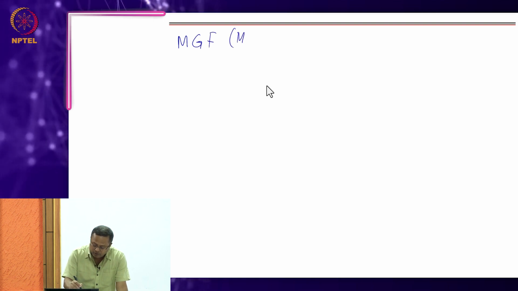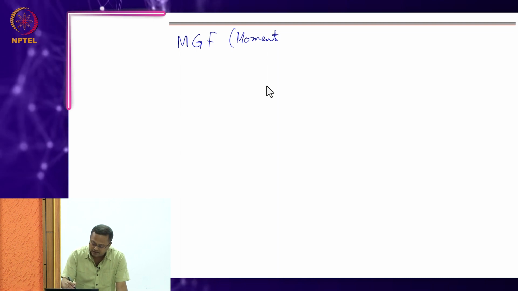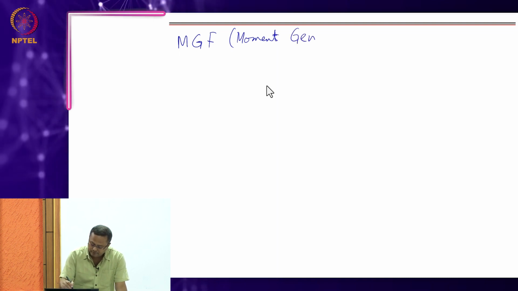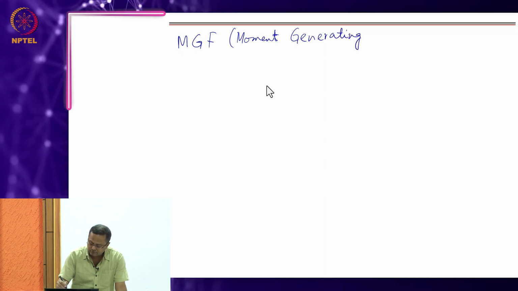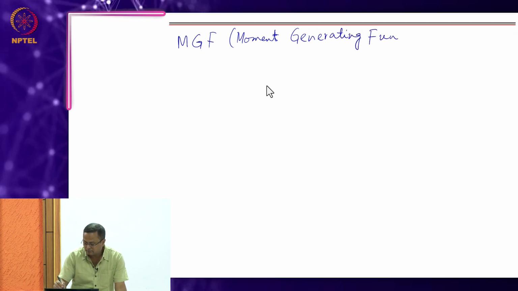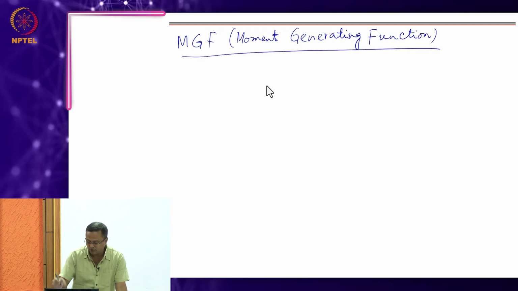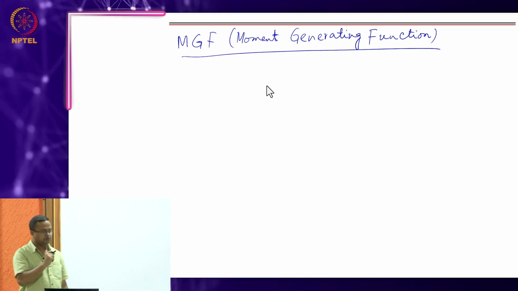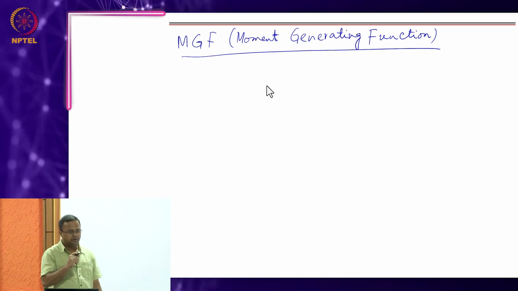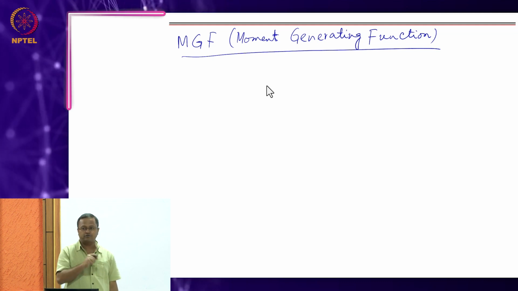So, we use a thing called the moment generating function. In the morning I told you that if you know all the moments of a random variable, you know the distribution that random variable follows.